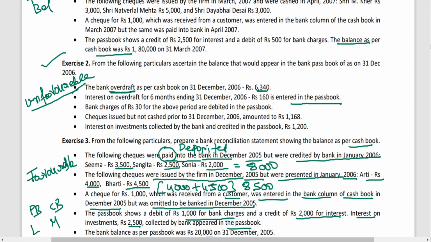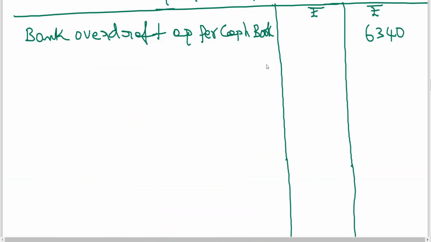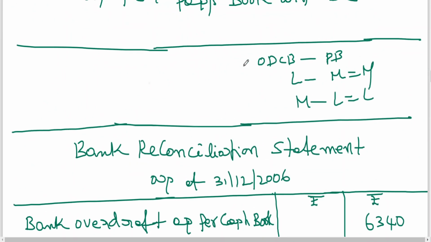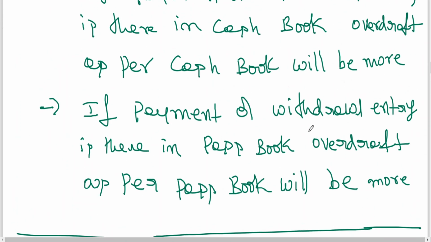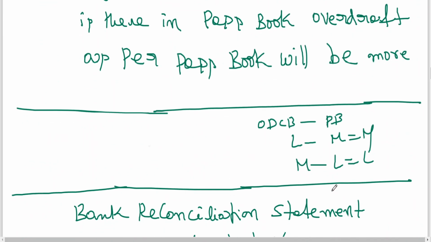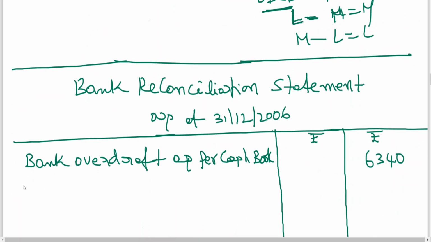When payment is there in passbook, overdraft will be more. Just now I told you. If a payment or withdrawal entry is there in passbook, overdraft as per passbook will be more. So passbook overdraft is more, cash book overdraft is less. Now our starting point is overdraft as per cash book. Cash book overdraft is showing less, passbook overdraft is showing more, less to more, more it is to be added.